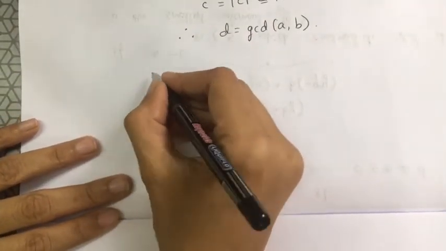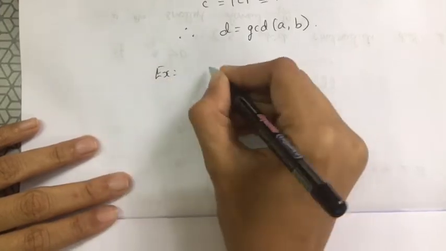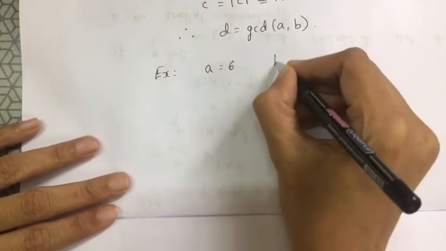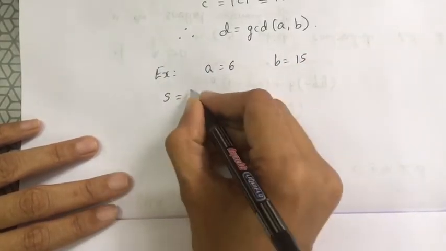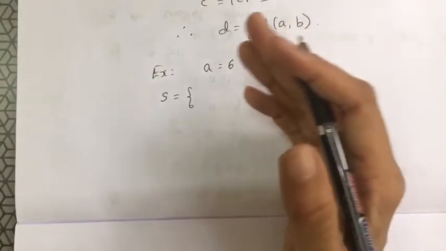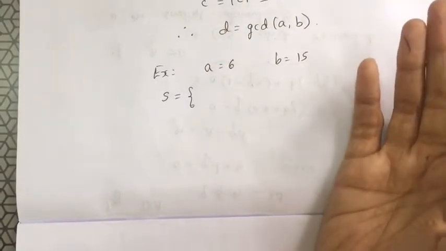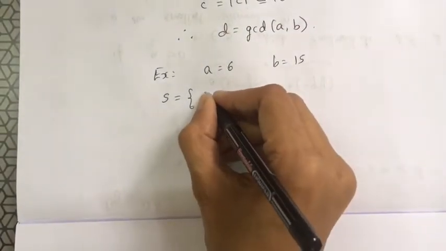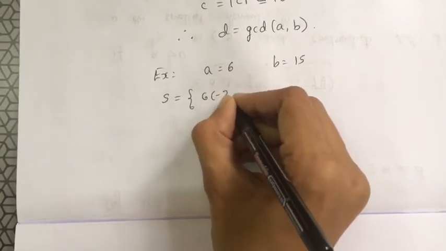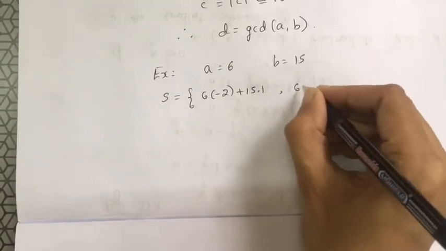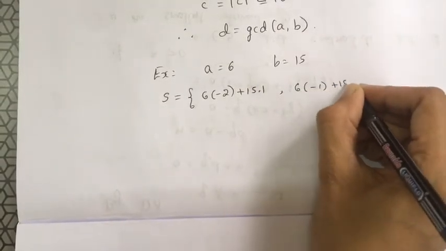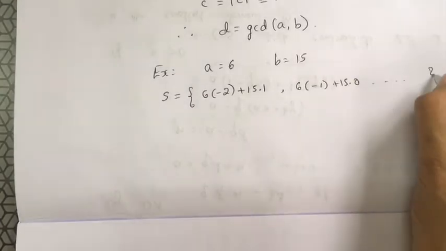See, for example, suppose I have A equal to 6 and B equal to 15. Now what is set S? It's the set of all linear combinations of 6u plus 15v. So I can write it as, say, 6 into minus 2 plus 15 into 1, and 6 into minus 1 plus 15 into 0, like that I can write the set.